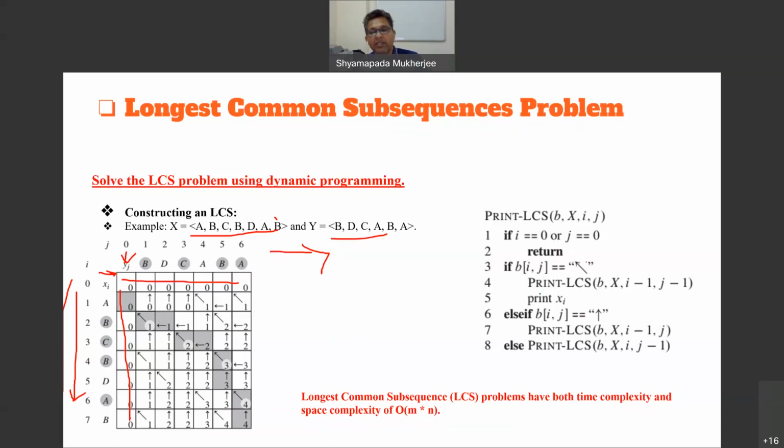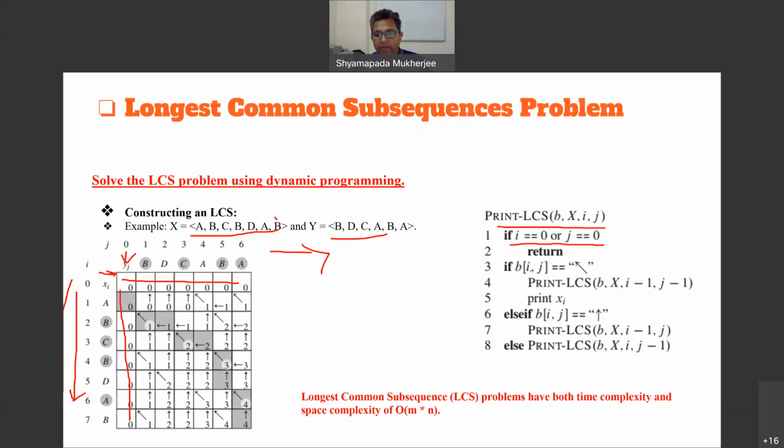From this one you can see that if we want to construct the optimal solution for the longest common subsequence, what we do is, if we see that i or j, any of these is 0, then we return that there is no longest common subsequence, it will return directly 0.